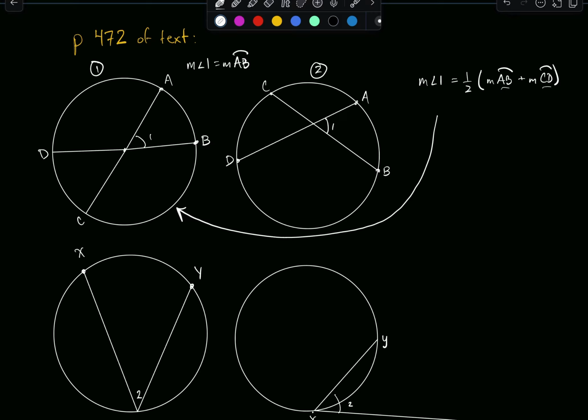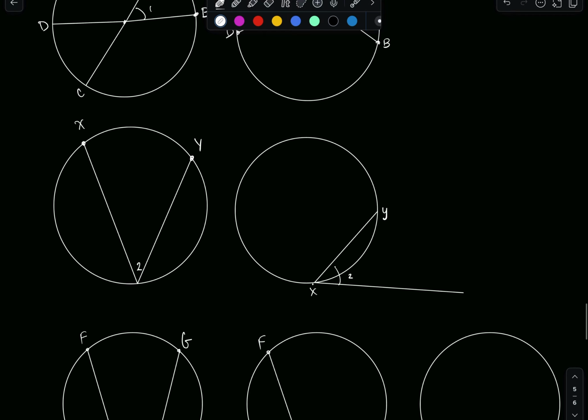So it's a dumb way to do it, but it does help see why these categories are the way they are. So if the circle has the vertex of an angle inside of it, you are finding half of the sum of 2 arcs.